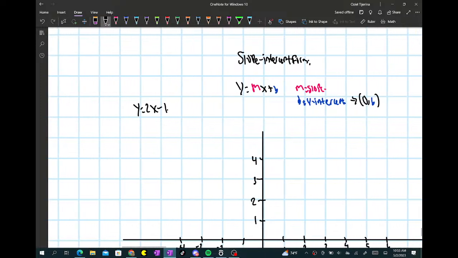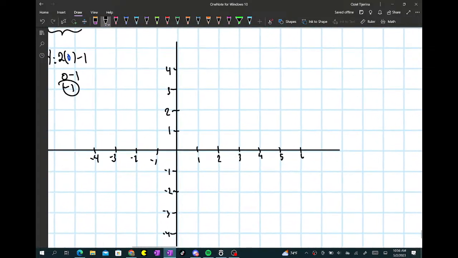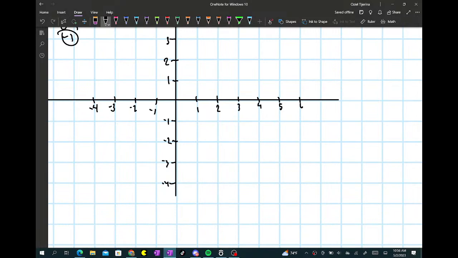So, first of all, what is my y-intercept for this? My y-intercept means that when x equals 0, what is y? So, it's 2 times 0 minus 1. This is 0 minus 1, which is -1. So my y-intercept is at y equals -1. So I'm going to plot 0, -1 right here.